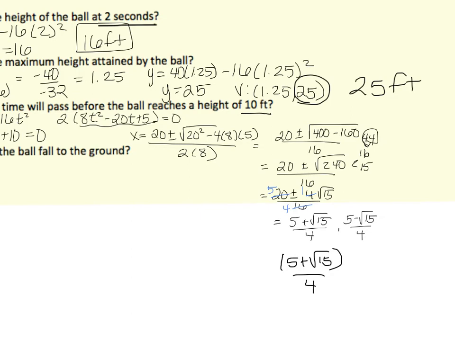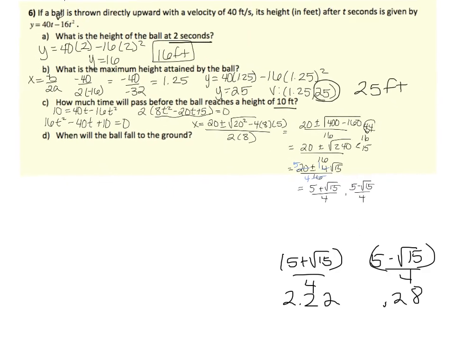And you should get 2.2, let's call it 2. And then same thing, 5 minus root 15, and divide that by 4. And you'll get 0.28.